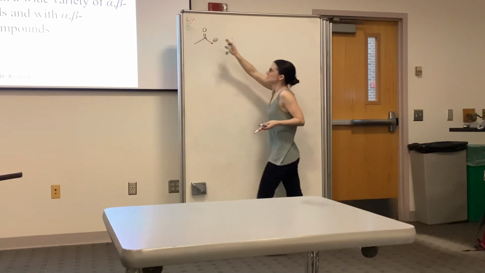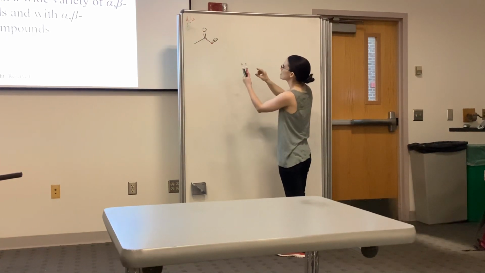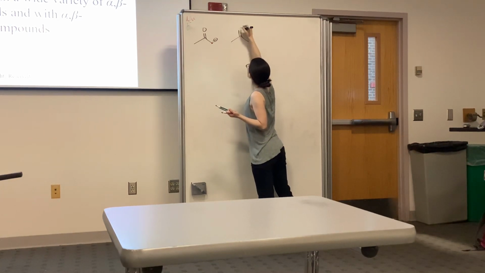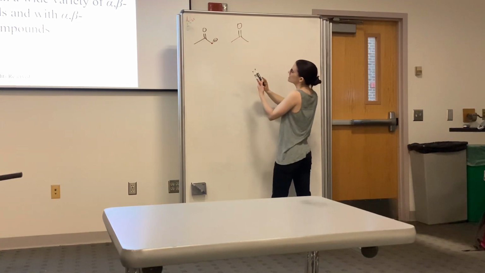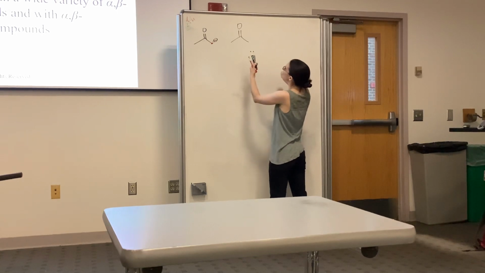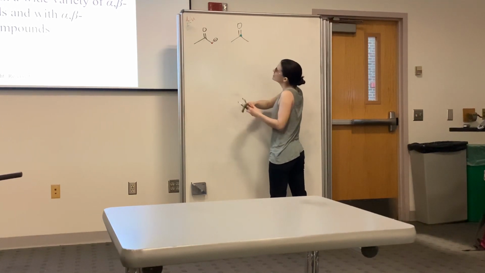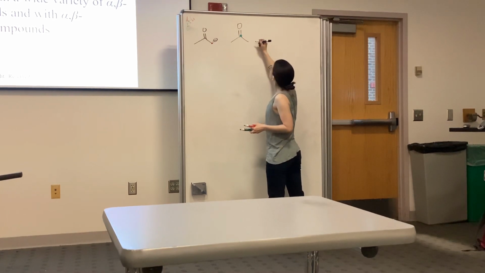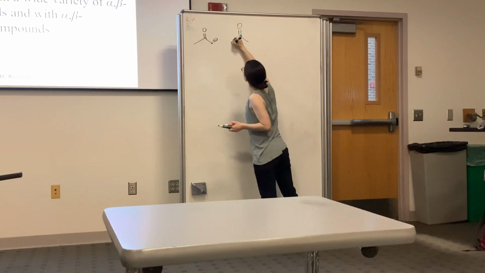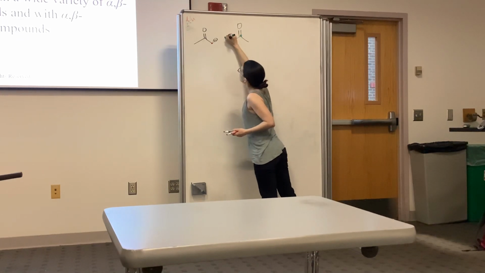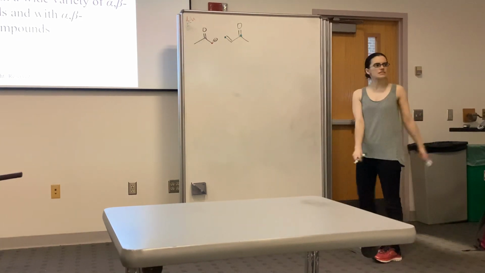And yes, there's resonance, but whatever. Then we've got, usually, this guy, right? And this is our electrophilic carbon. But now we've got this guy, and both of these look like electrophilic carbons.